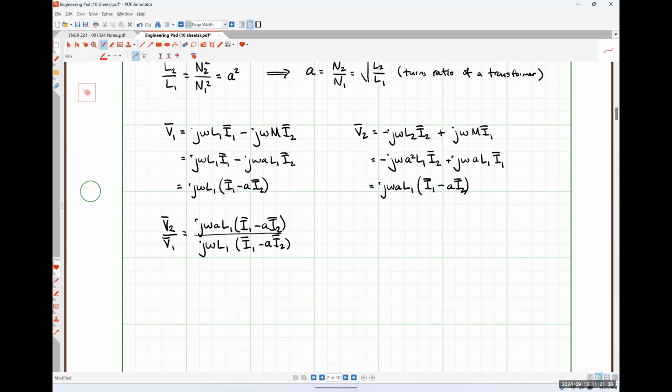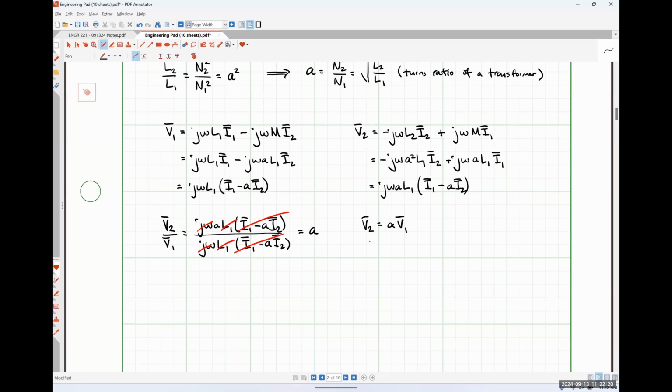And we can see that this bit cancels out, this bit cancels out, and we are literally just left with our turns ratio. So the ratio of the voltage on the secondary side of our transformer to the voltage on the primary side is the exact same thing as our turns ratio, meaning that V2 is nothing more than A times V1 in an ideal transformer.